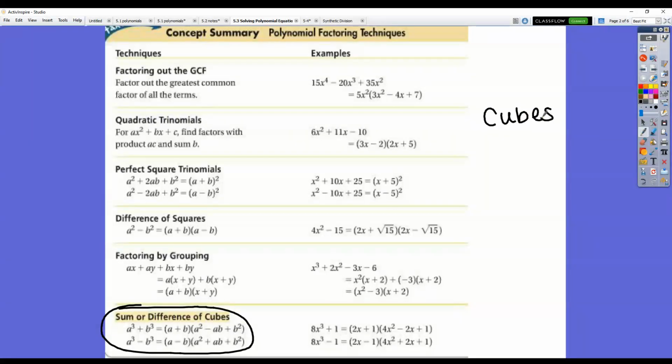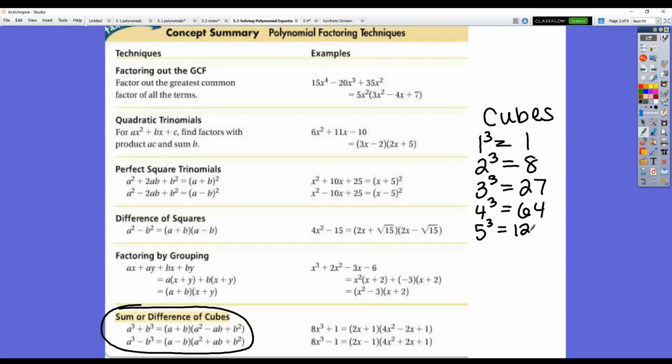You should get a paper with all the cubes. 1 cubed is 1, 2 cubed is 8, 3 cubed is 27, 4 cubed is 64, 5 cubed is 125, 6 cubed, 216, 7 cubed, I think is 343. So these are a list of your cubes.